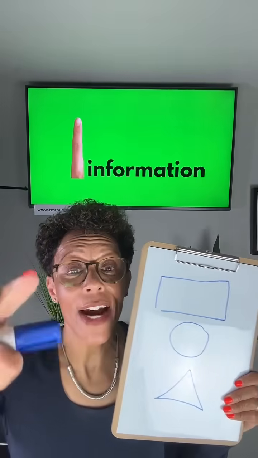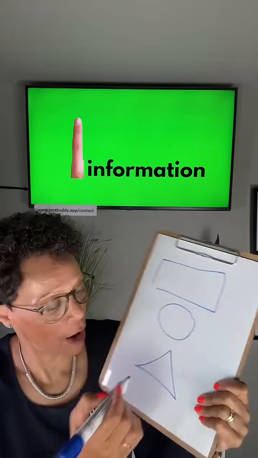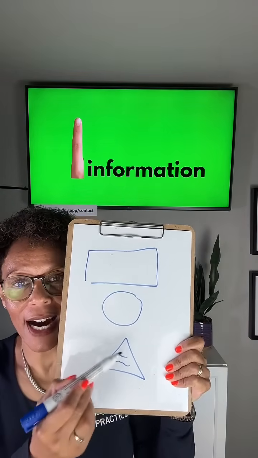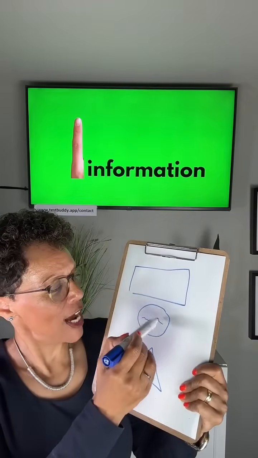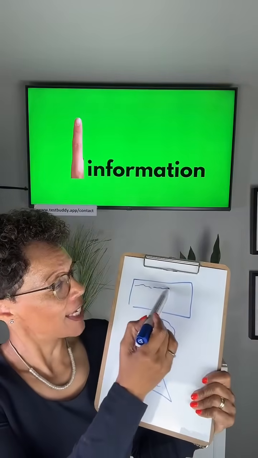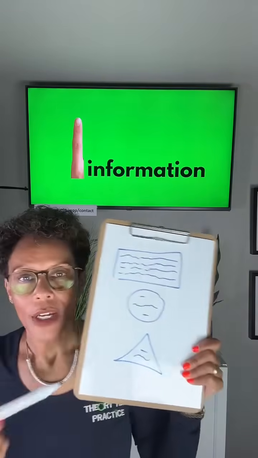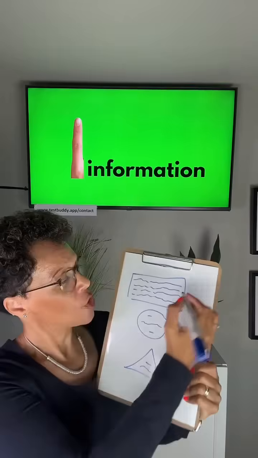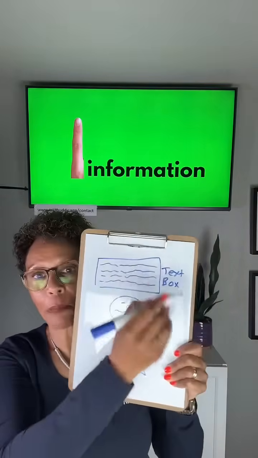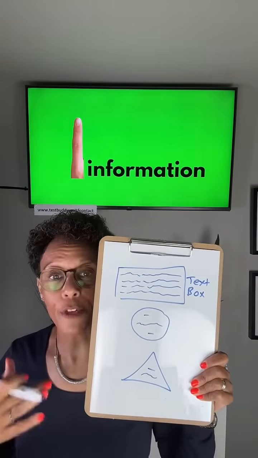Easier to contain writing, fits more content, says Harvey Lloyd. That's how much information I could write inside a triangle. This is how much information I could write inside a circle. But this is how much information I could write inside a rectangle. And it actually looks like the shape of a text box. That's another way of you remembering, another way of you learning.